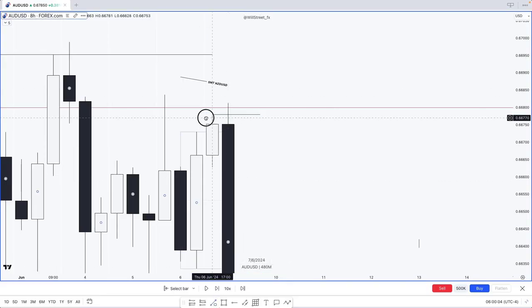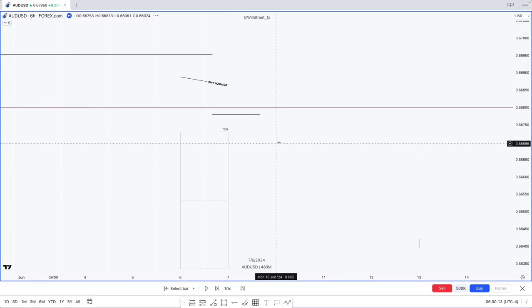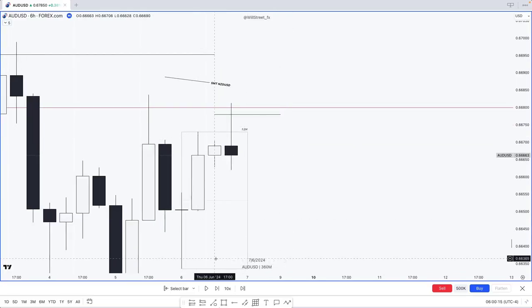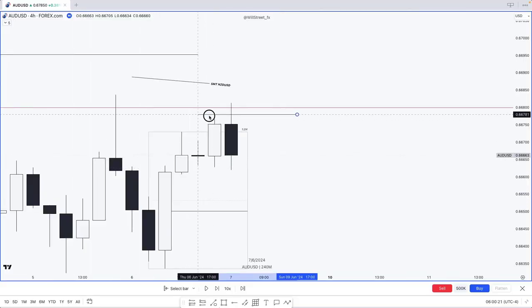Into the turtle soup, this is a pending arc going into the change in state of delivery of the weekly range height. We can refine that arc and look at the 4 hour. So look at the time, this is the 1 AM, so this will be London.